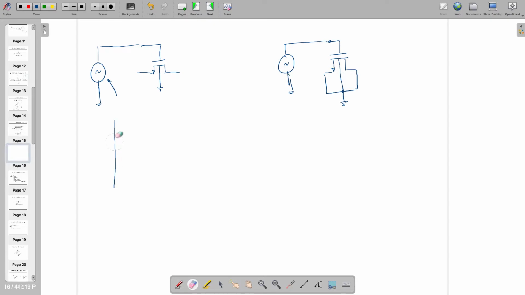Okay, let's go to the second part first. If I am applying a very low frequency here, what will the CGB versus VGB look like? So, gate to body. How does it look?